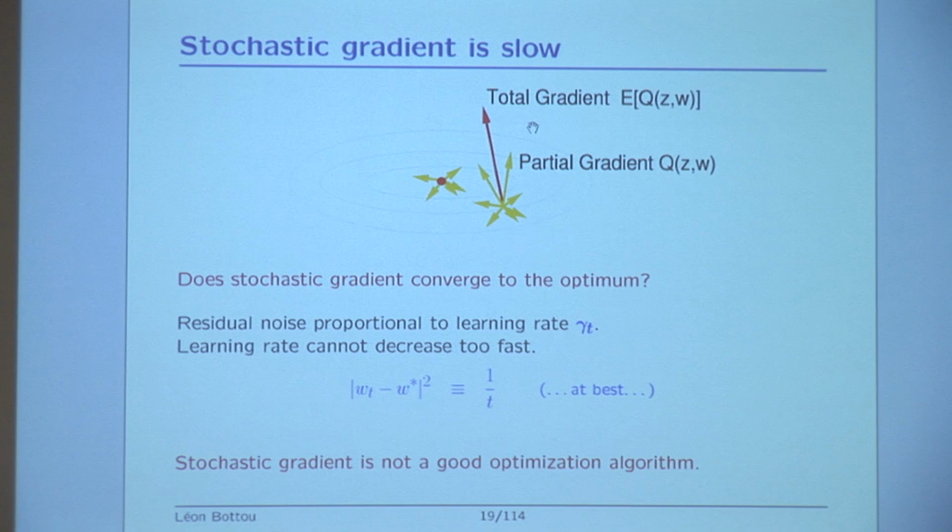Now the problem is that I cannot reduce the gains too fast, because if the gains reduce so fast that the sum forms a convergent series, I could be on a slope that's continuous, but because they form a convergent series, I'm going to stop at some point. So a 1/t convergence for an optimization algorithm is a catastrophe. Any optimization algorithm does something like exponential minus t, and the good ones are more like exponential minus exponential t.